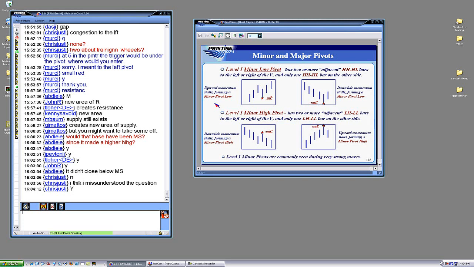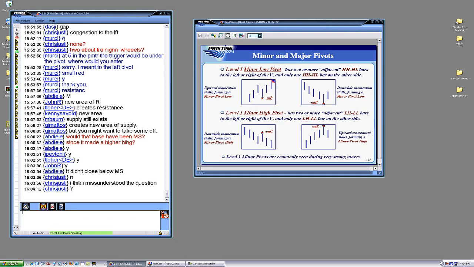All right, we've got levels 1 through 4. Like I said, level 1 pivots we are not going to use to define major support or major resistance. These level 1 pivots are going to be seen in strong trending markets. At times, these will become the little correction bars that we talk about.